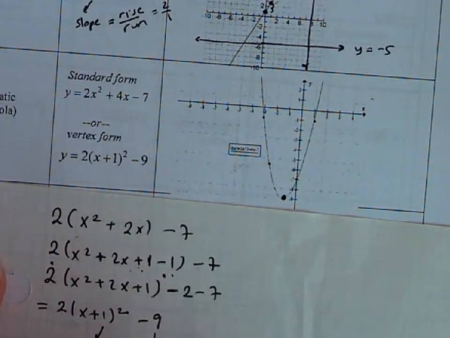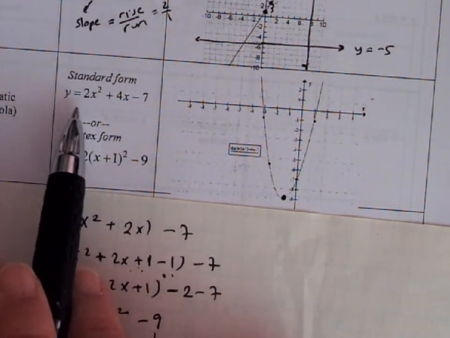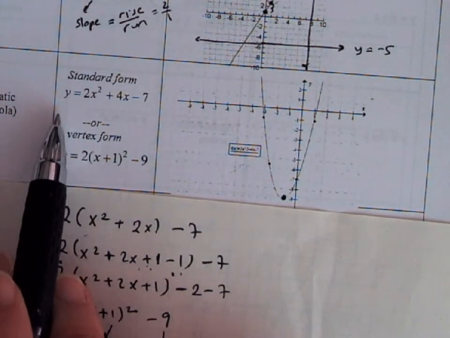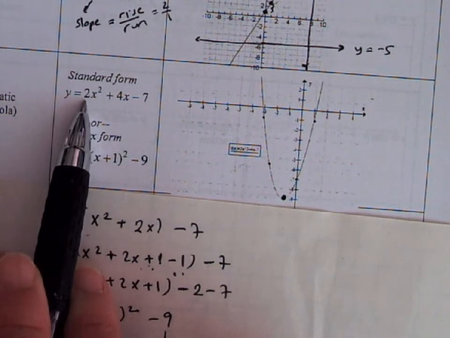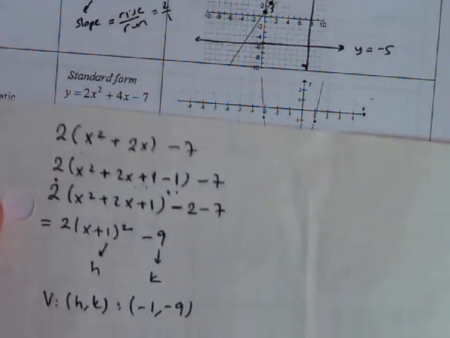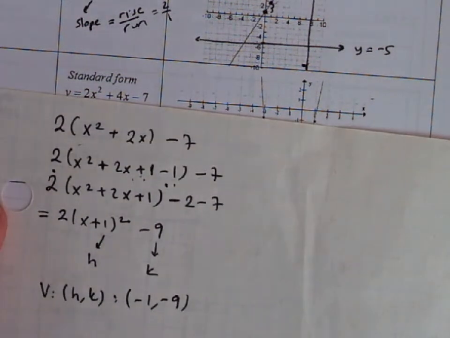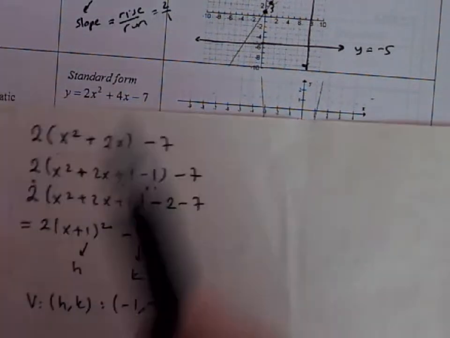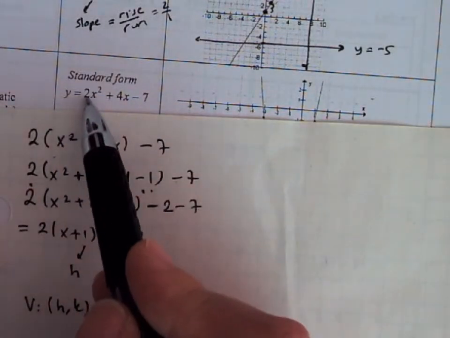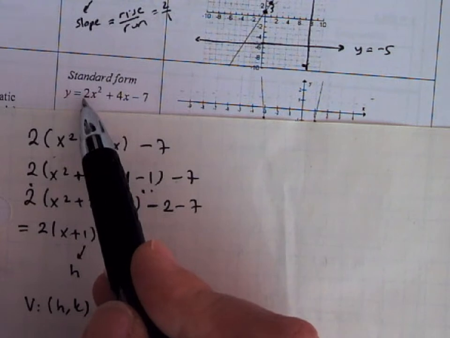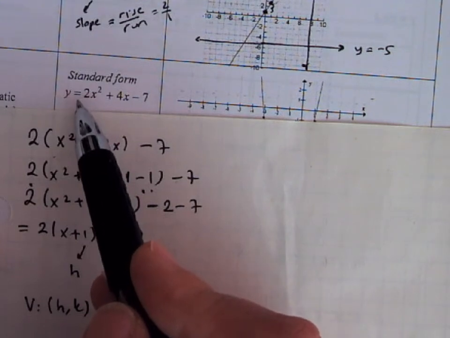Then you check if the leading coefficient is positive. If the leading coefficient is positive, the parabola opens up. If the leading coefficient is negative, the parabola opens down. Another thing that you need to look at is the number. It is 2, so there is a stretch by a factor of 2.